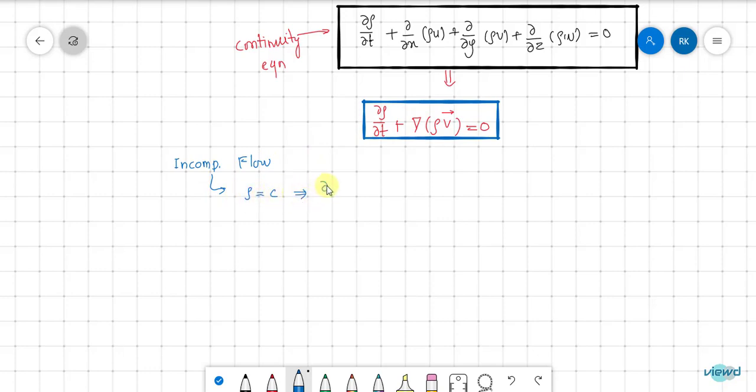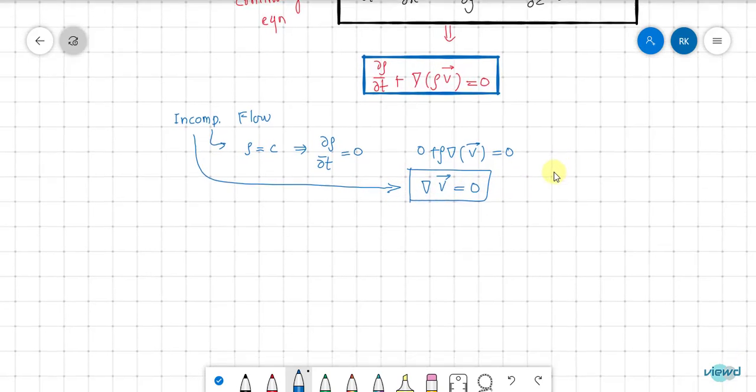So the rate of change of density will be 0. Substituting this in the equation, ∂ρ/∂t is 0 plus del operator of ρV, and density is constant so it comes out, and that will be 0. So finally del dot V is equal to 0. This is the continuity equation for incompressible flow.